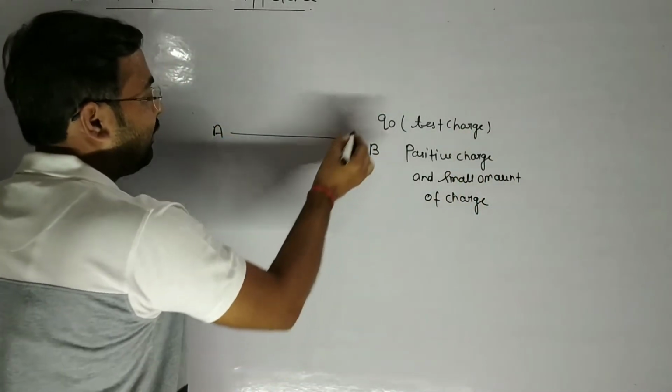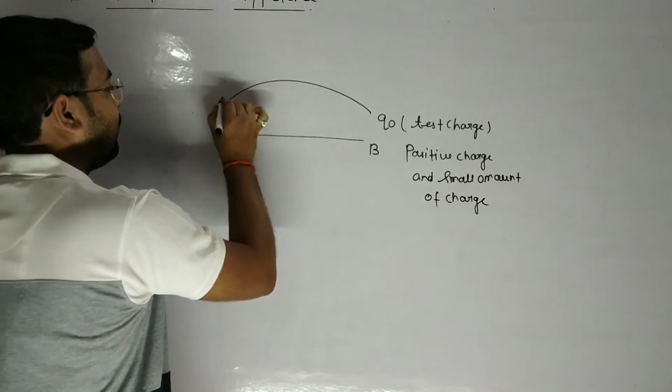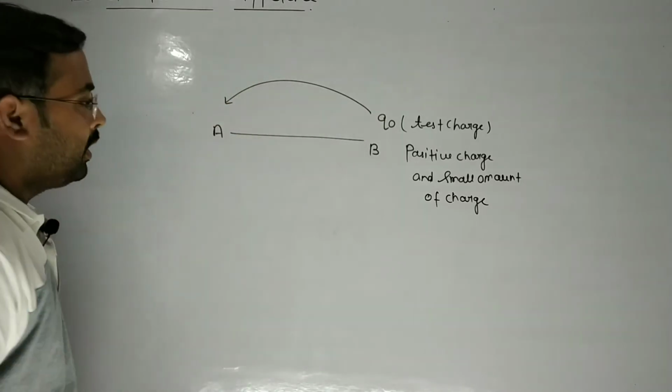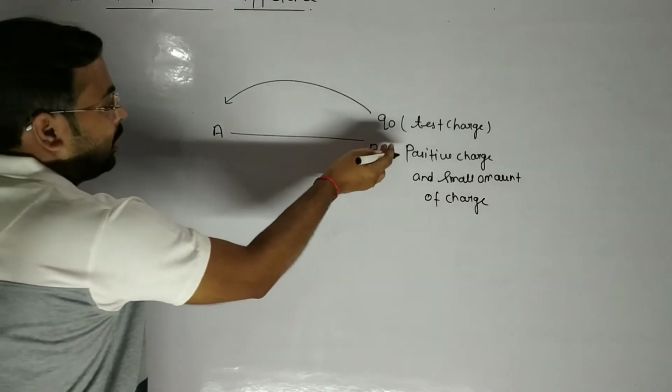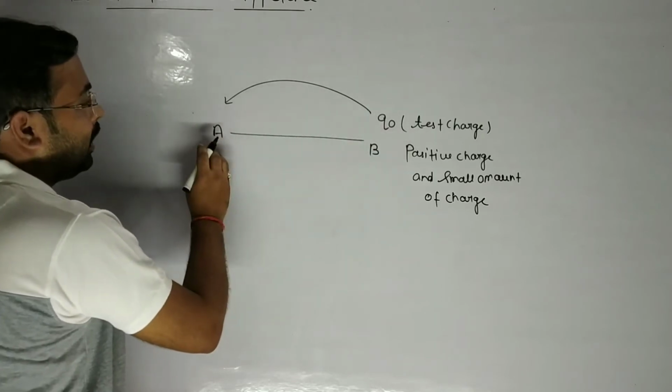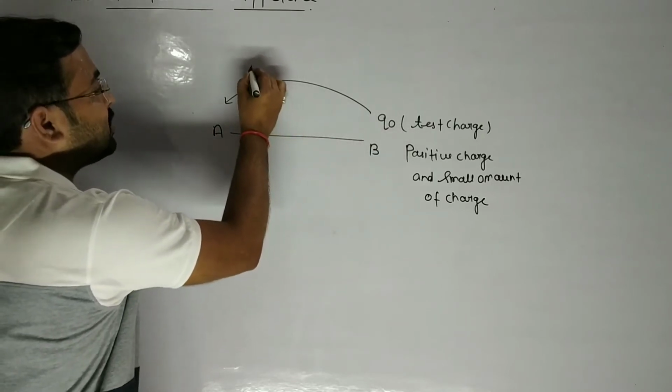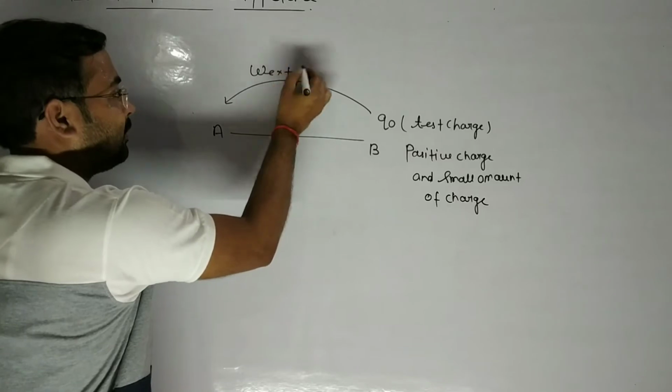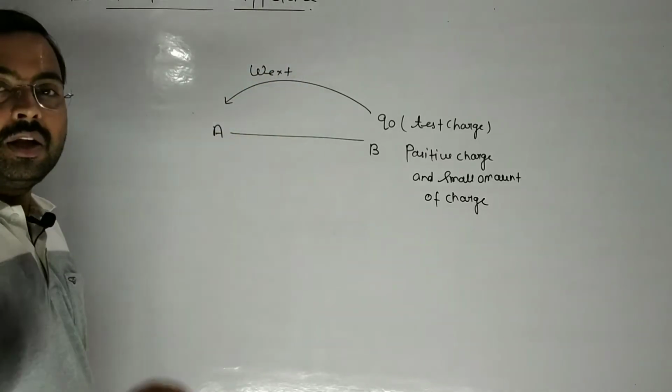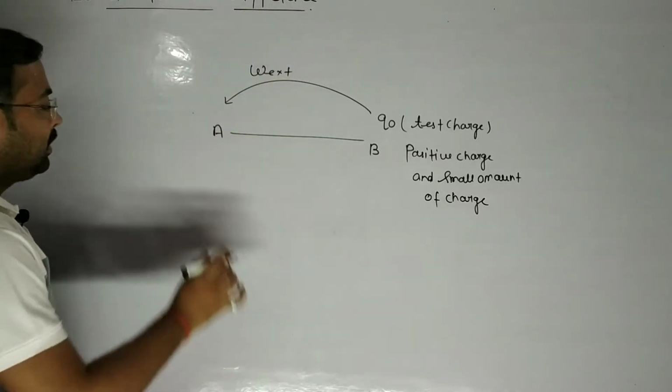Q naught is traveling from B to A. It is carried by an external agent.